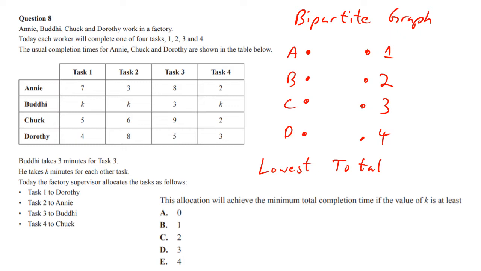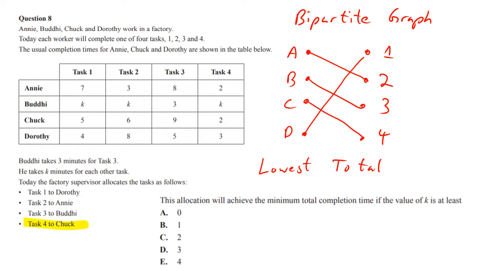And it says here they've actually given us an allocation. So the supervisor has given an allocation, and he said task 1 goes to Dorothy. So 1 and D are connected like that. Now task 2 is going to Annie. And task 3 is going to Buddy. And by elimination, task 4 must go to Chuck.